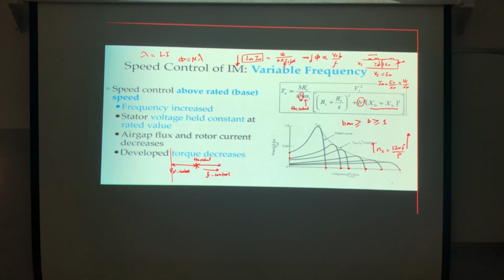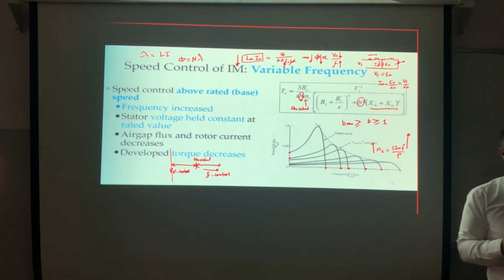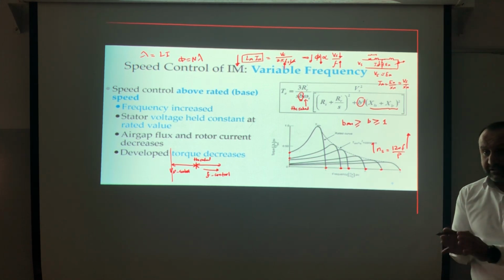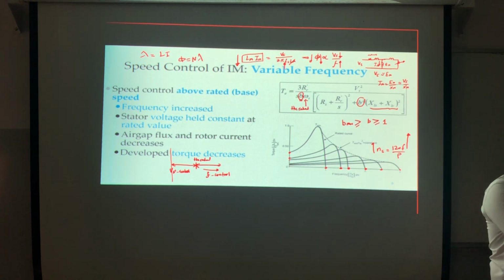In the frequency control, I'm increasing the frequency, so the flux will be reduced. So what about if I can manage to change the voltage and the frequency such that the ratio in between is constant, fixed at the rated value?